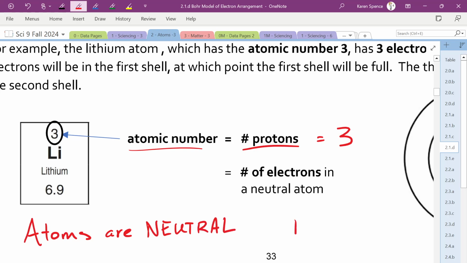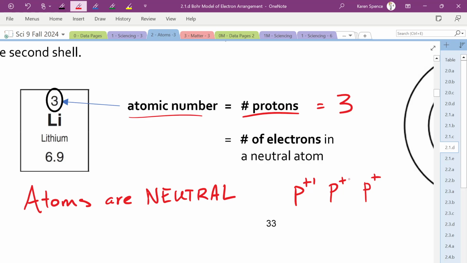So if we have 3 protons, what's our total positive charge? Each is +1. We have +1 and +1 and +1. What's the total? 3. So we have 3 positive charges. How many negative charges do we need to make it neutral?